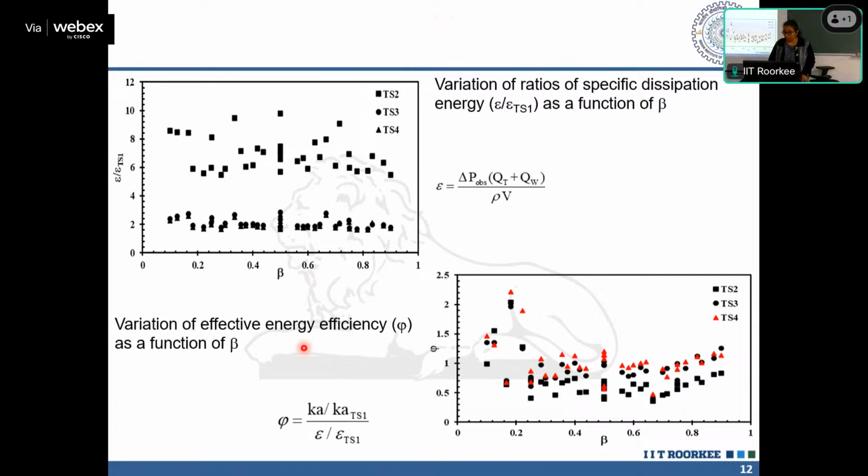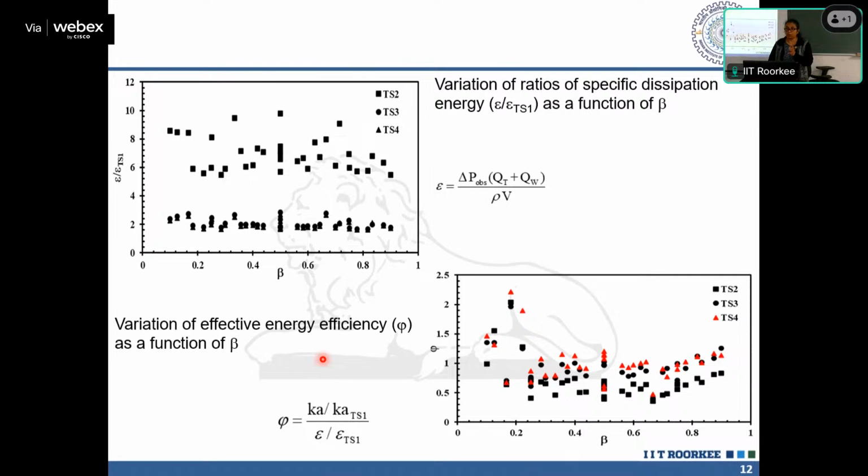Similarly, we also estimated effective energy efficiency. What is this? This is giving you the idea that you have supplied additional energy to your setup, to your test section, to enhance the efficiency or mass transfer coefficient.